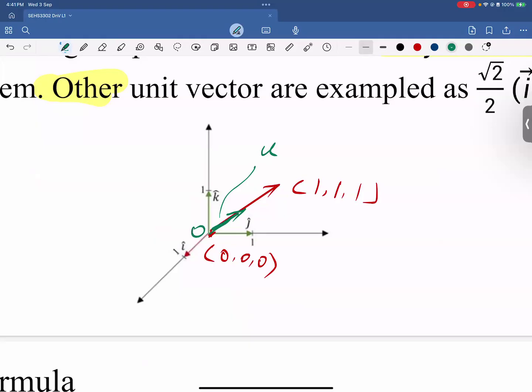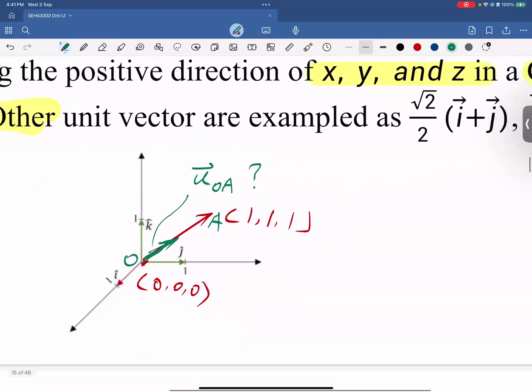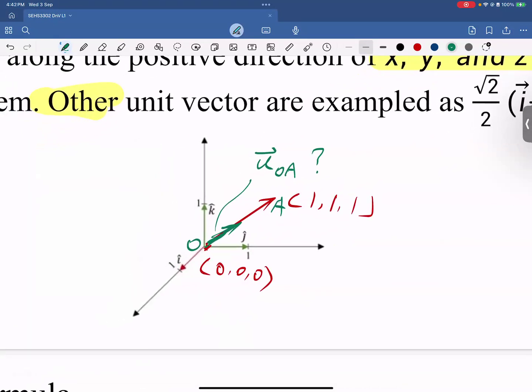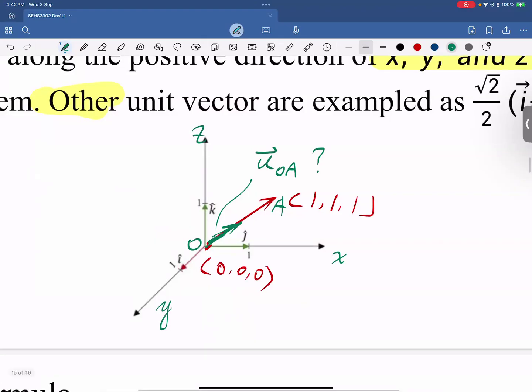And we call this O and call this position A. And we have a unit vector from O to A. We call it U_OA, right? This green one from 0, 0, 0 to 1, 1, 1. But how to denote such a unit vector, right? For another one, this is X, this is Y, and this is Z. And for the other one, we put it here.